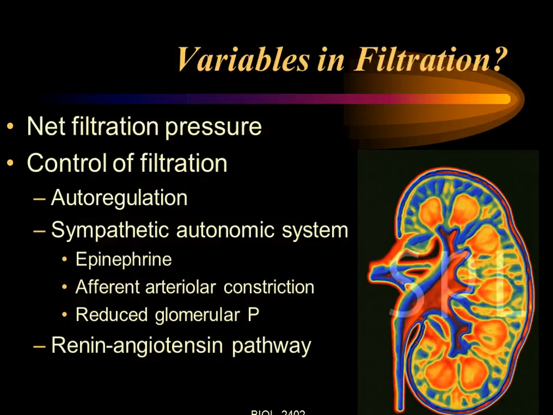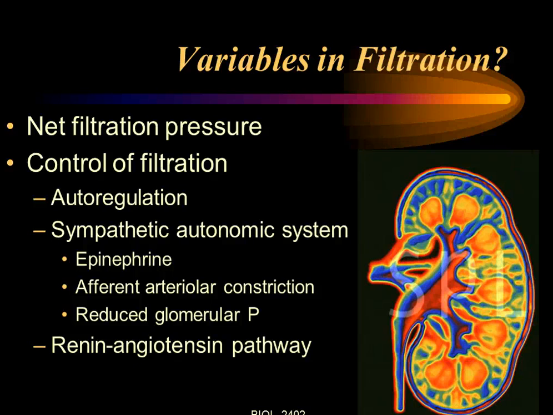Remember I mentioned before that this system only has sympathetic input, so you know the neurotransmitter is epinephrine. I also mentioned there's the afferent arteriole carrying blood into the glomerulus and nephron, and there's the efferent. The afferent has a wider diameter, so there's more blood going in than coming out, and that keeps the glomerular pressure high. However, if the afferent arteriole is constricted, it's going to reduce blood flow into the glomerulus, and that's going to drop the glomerular hydrostatic pressure.